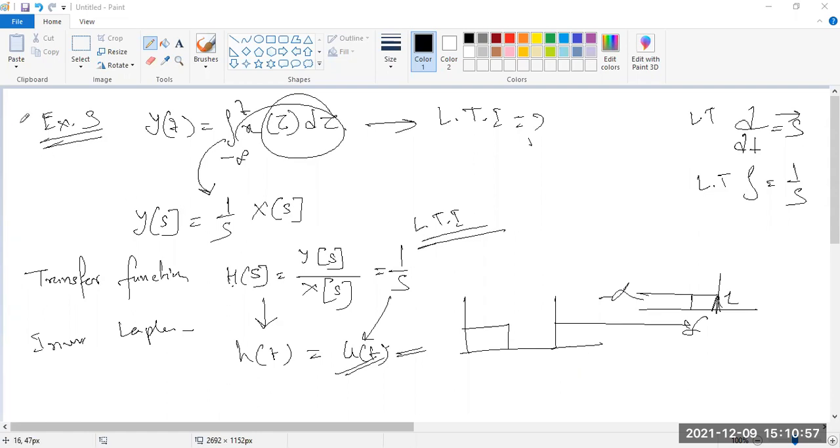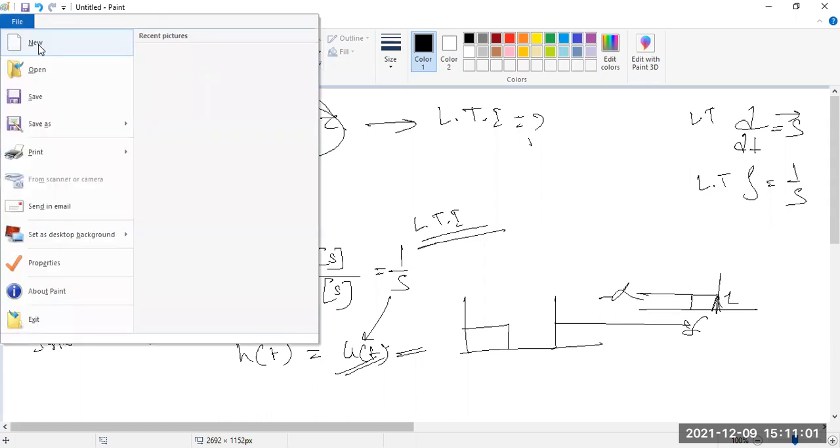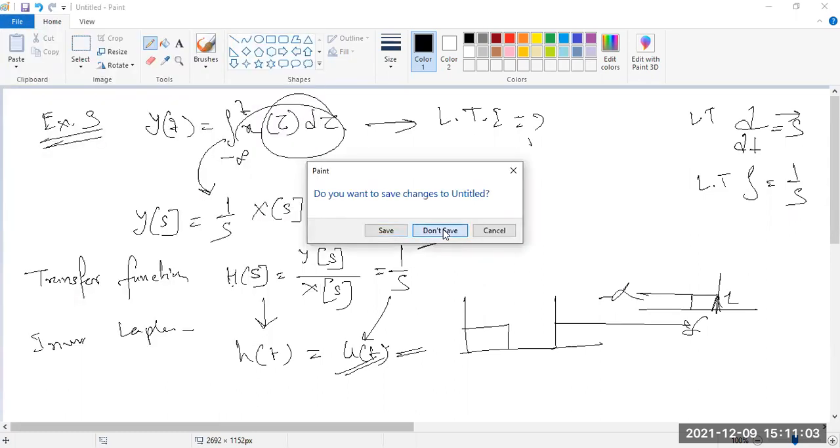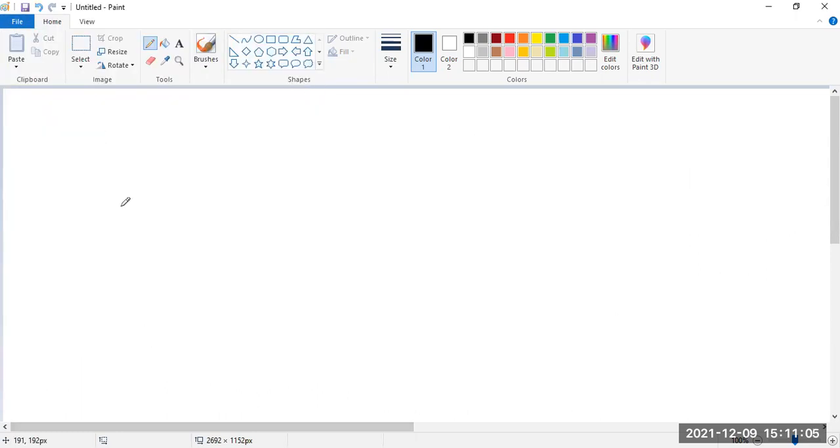Okay, let's start a few examples so that we can understand this LTI system. Now another example. You have to find out whether this is LTI or not. This is example 4.